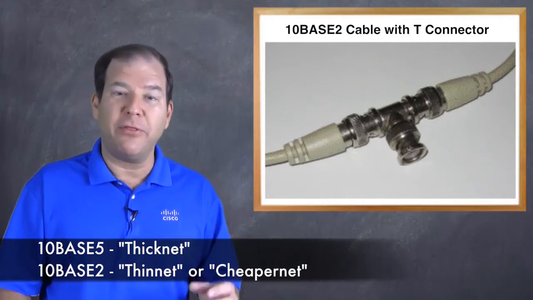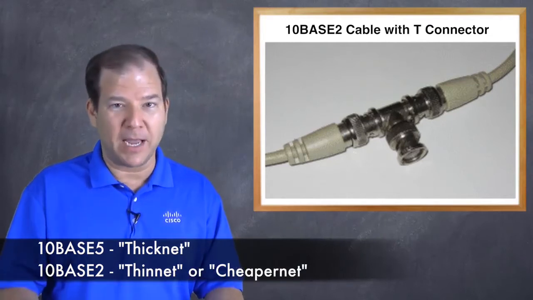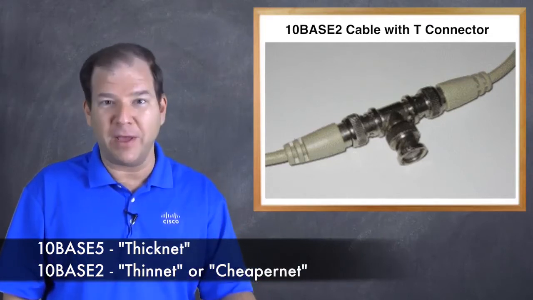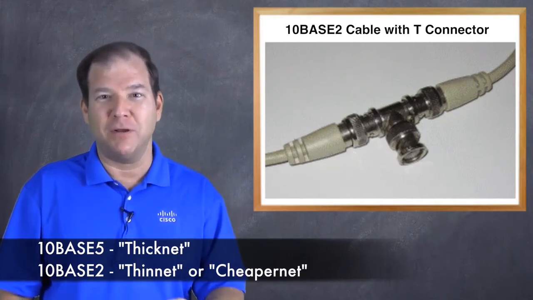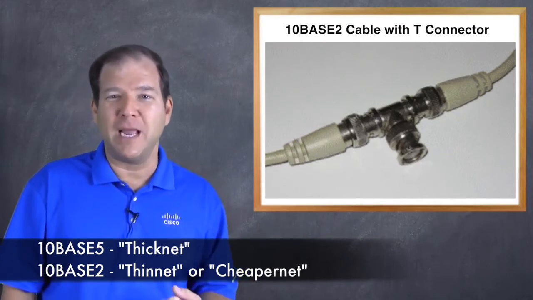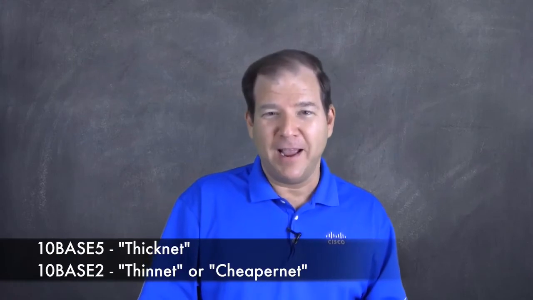A more economical type of cable, a thinner cable, was used by 10BASE-2. 10BASE-2 was called ThinNet because it was a thinner cable. 10BASE-5 was called ThickNet. In fact, 10BASE-2, because it was less expensive, also became known as CheaperNet. And you might guess 10BASE-5 is 10 megabits per second, baseband, 500 meters. You might guess that 10BASE-2 would be 10 megabits per second, and it is.